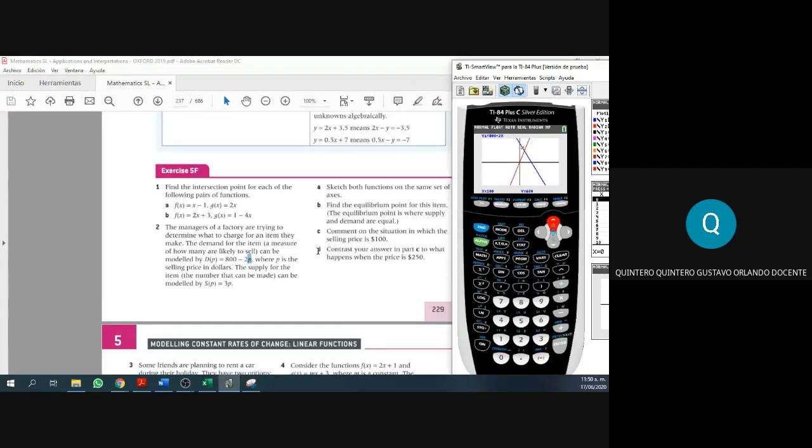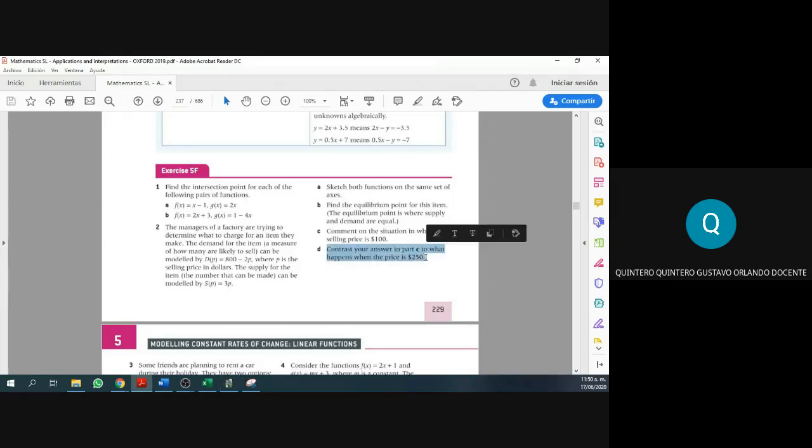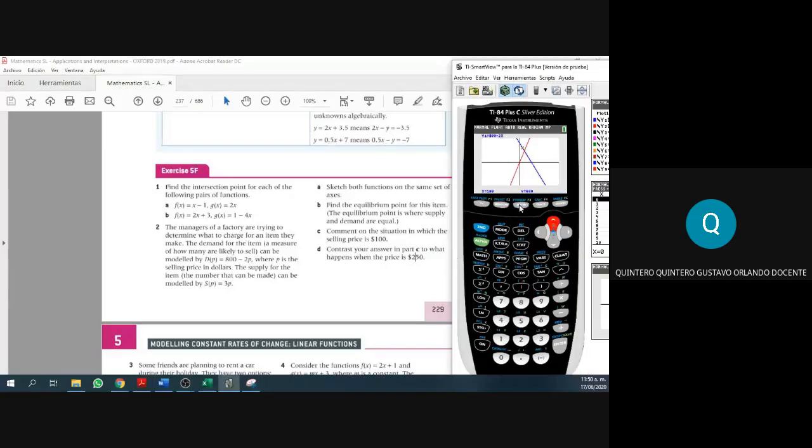Beautiful. Now, let's go with D. Contrast your answer in part C to what happens when the price is 250. So what happens if the price is 250? Let's do the same and calculate. When the price is 250, we have a demand of 300 items.